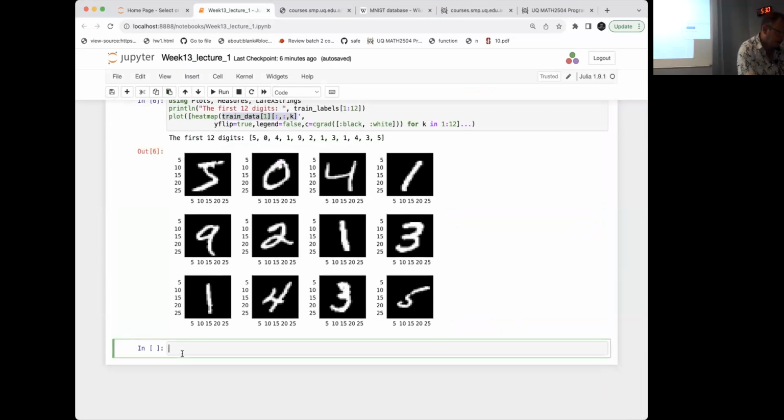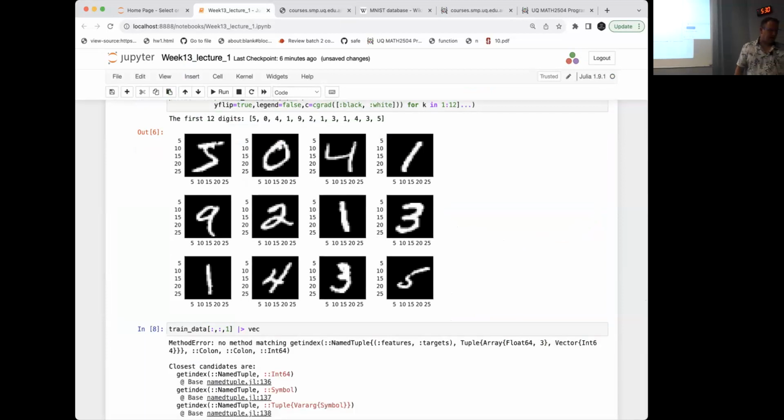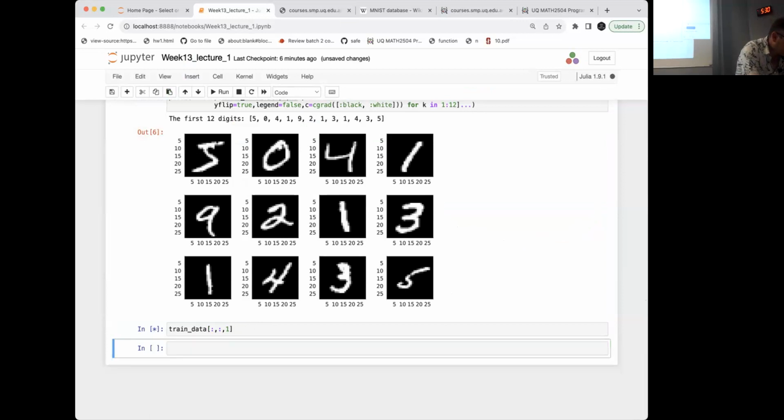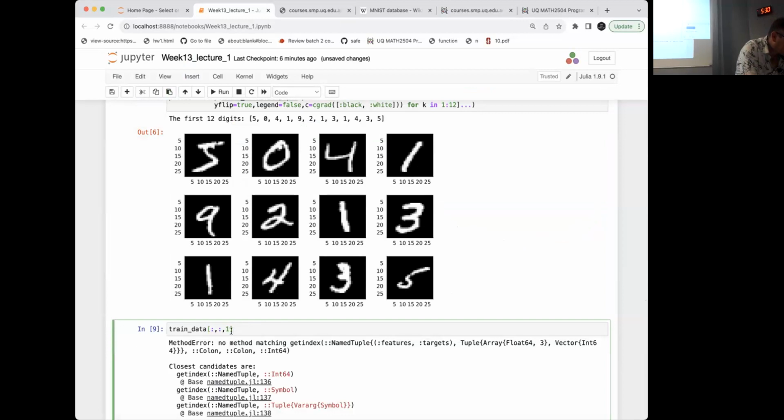So if you take train data, this is your first training data, and let's just vectorize this. Okay, here it's a row. Okay. That didn't work well. Why not? Interesting. Train data. What did I do wrong?